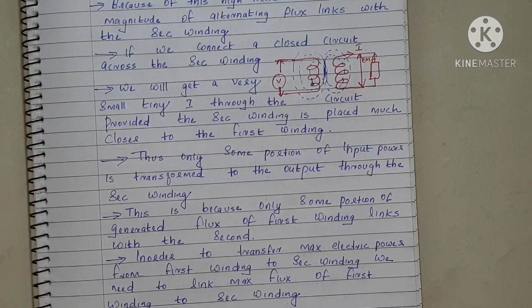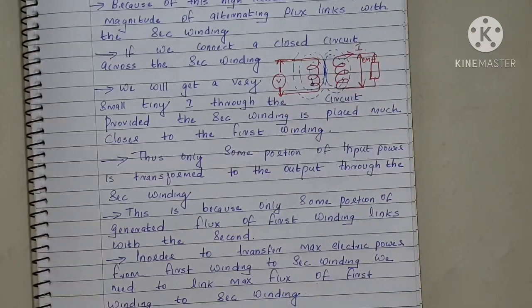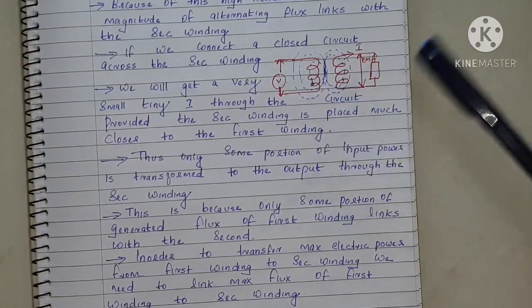This is because only some portion of the generated flux of the first winding links with the second winding, due to the high reluctance air gap between the coils.